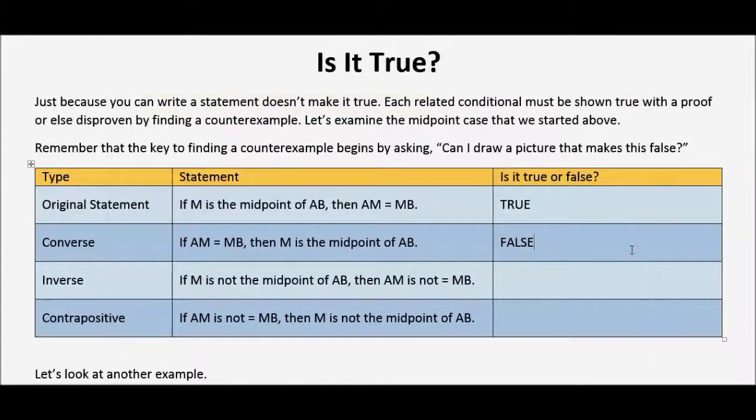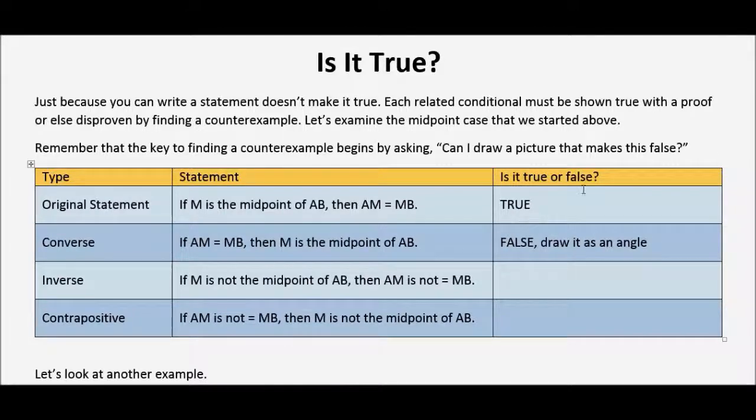So it's false. Inverse: if M is not the midpoint of AB, then AM is not equal to MB. So can we draw anything where M is not the midpoint of AB and AM is equal to MB?